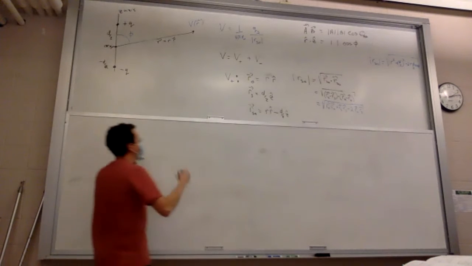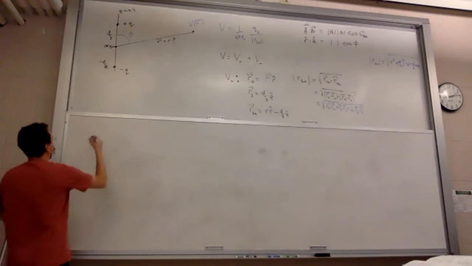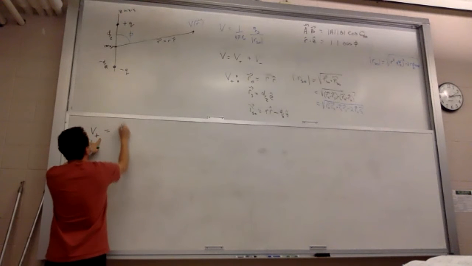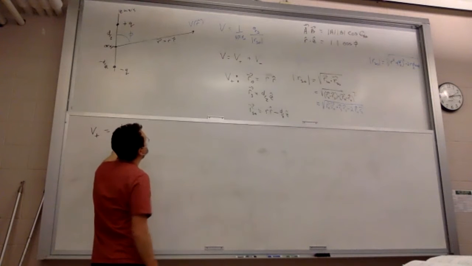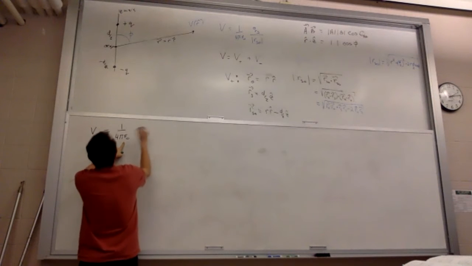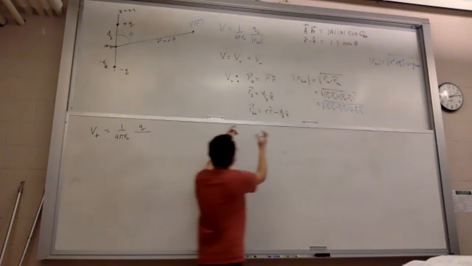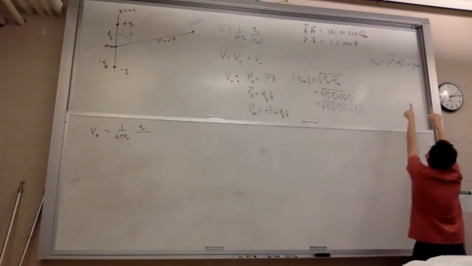Okay, now I pull it all together and I get V from the positive charge. It's going to be 1 over 4 pi epsilon naught times QS, which I'm just calling Q, over the magnitude of RSO, which is all that.